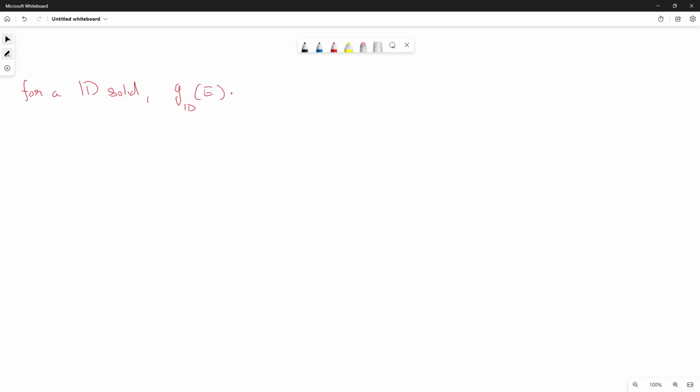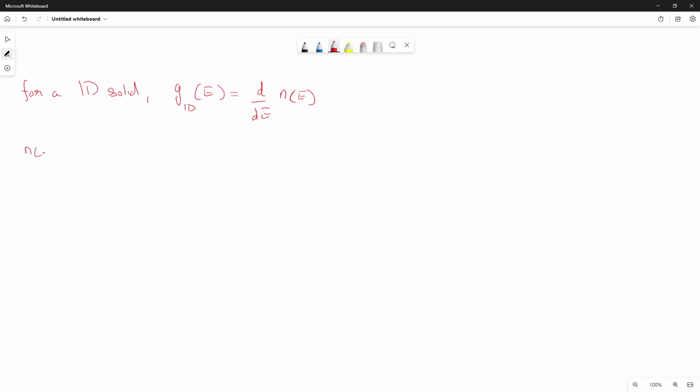So G1D of E is d by dE of N of E, where N of E is as defined in the previous slide.